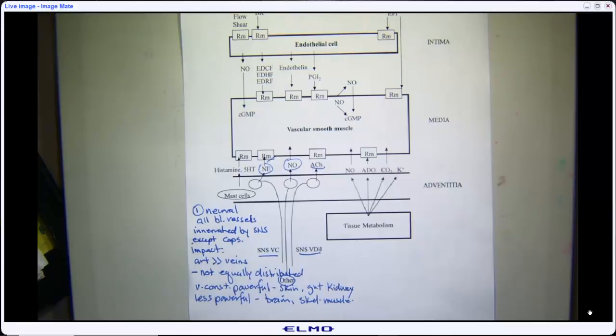I can make a rule for 90% of scenarios, and then there'll be a very creative way the body has used the same tools to get over a problem. It won't invent something completely new. It'll just say, hey, I could use a little bit of acetylcholine. So we're just going to get used to a little bit of variability. But regardless, we've got nerves coming into arterioles that can change their diameter.